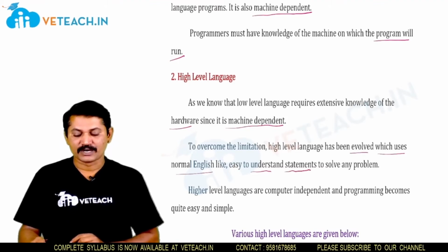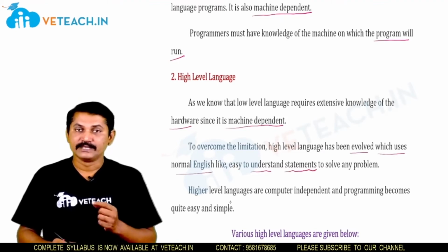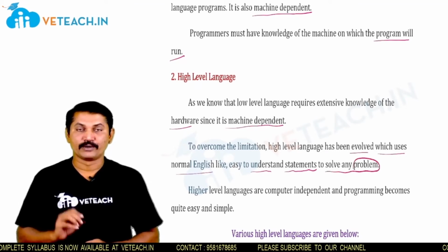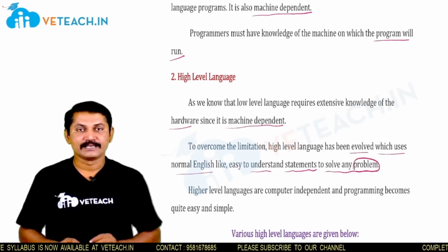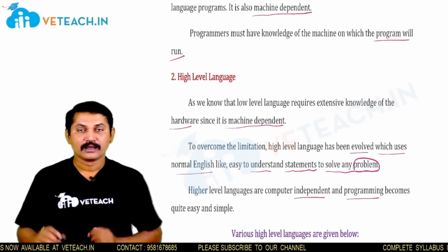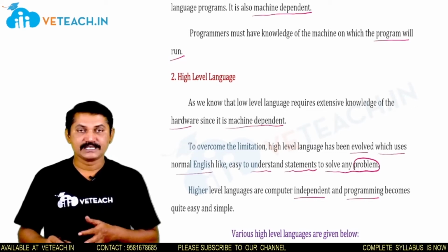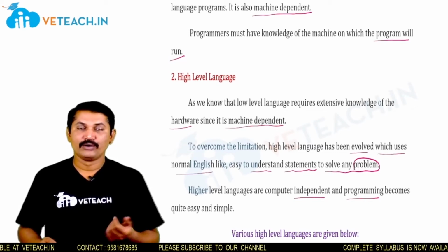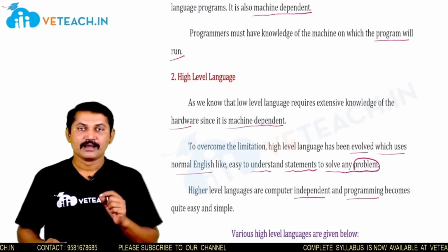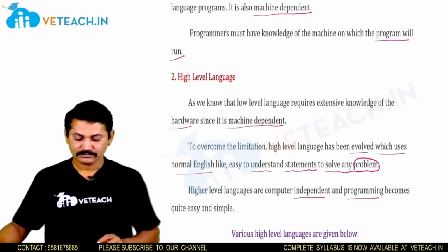That means the statements we write in the program are easy to understand and can solve any kind of problem. High level languages are computer independent and programming becomes quite easy and simple, whereas low level languages are machine dependent and high level languages are machine independent.